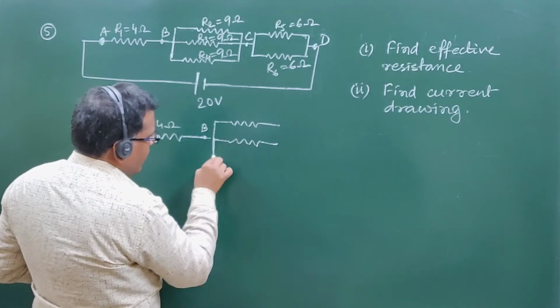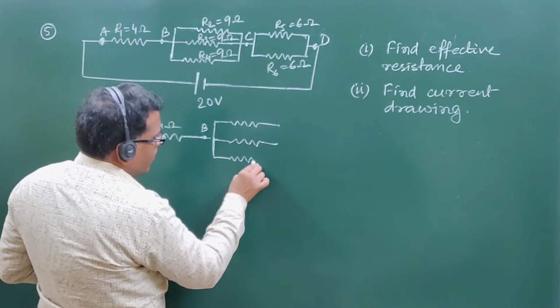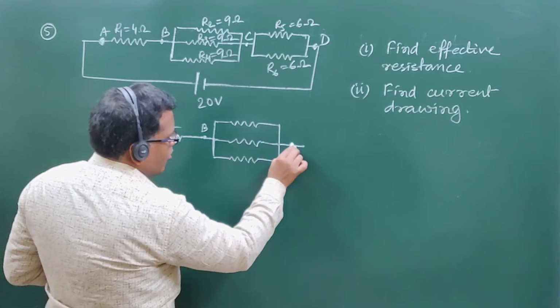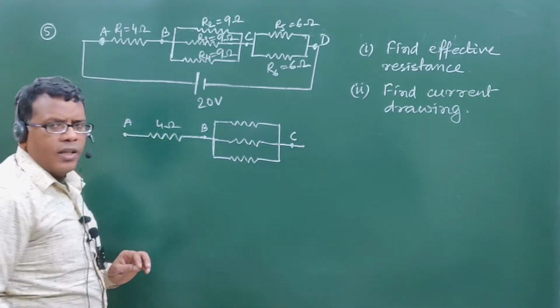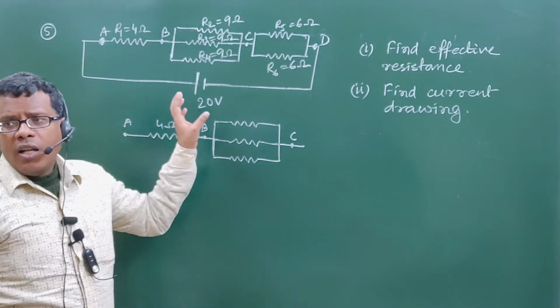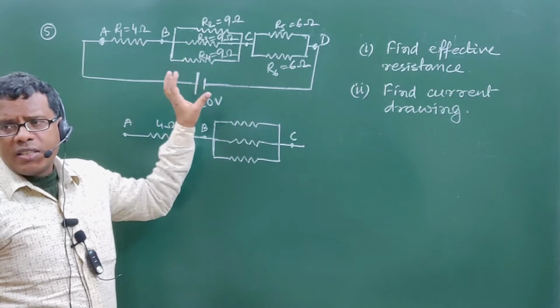So I said that whenever you see multiple resistors appearing parallel to each other between any two specific points, our objective should be to reduce the network of those resistors.